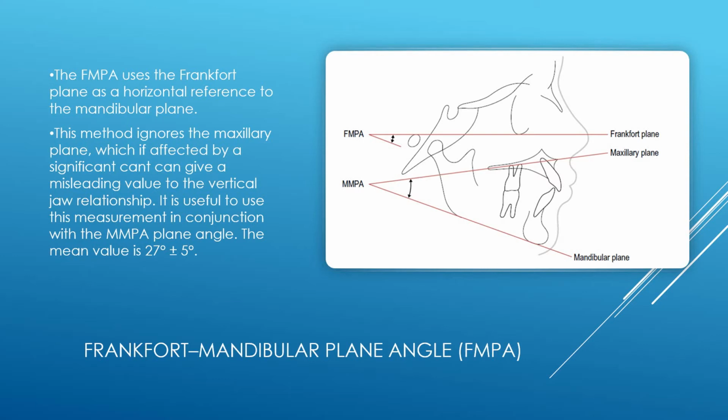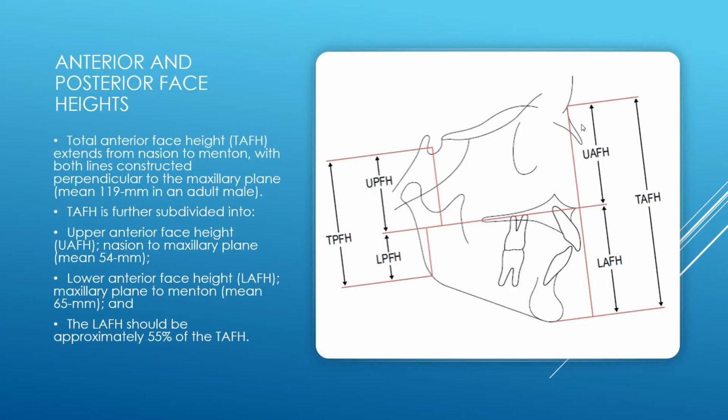Then we evaluate the height of the face, which is divided into the anterior facial height and posterior facial height. Anterior and posterior facial heights are also used as a measure of vertical facial relationships.